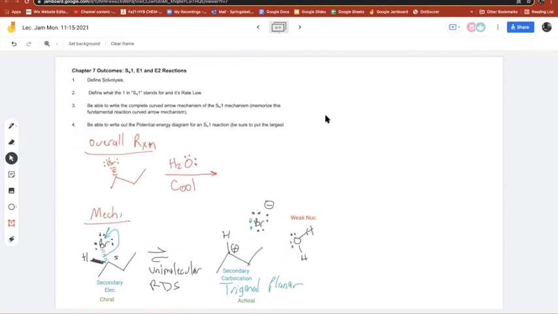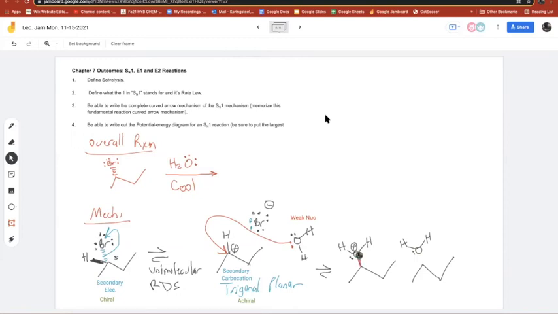So the water can come and add on from our side to be wedged, or from the back side to be dashed. It adds on both sides. So it's like this. Oops. I know adding color helps you all, but sometimes this slows me down a lot, but it's all good.